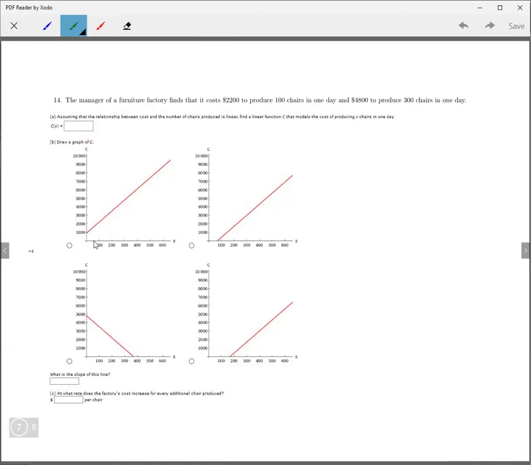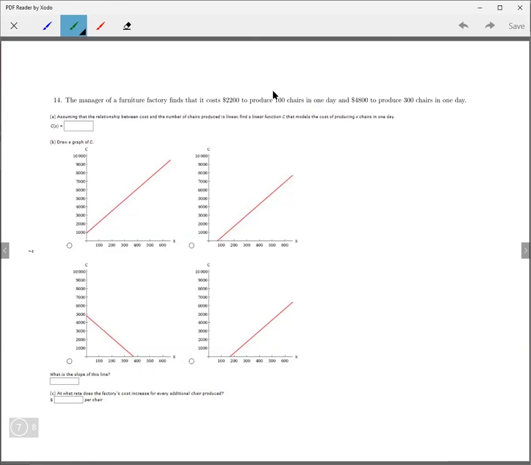So I'm just taking a quick look down here at the graph. You have to figure out which is the independent variable and which is your dependent variable. Or in other words, x is the independent variable and y is your dependent variable. All of these graphs have the cost on the y-axis and the number of chairs on the x-axis.